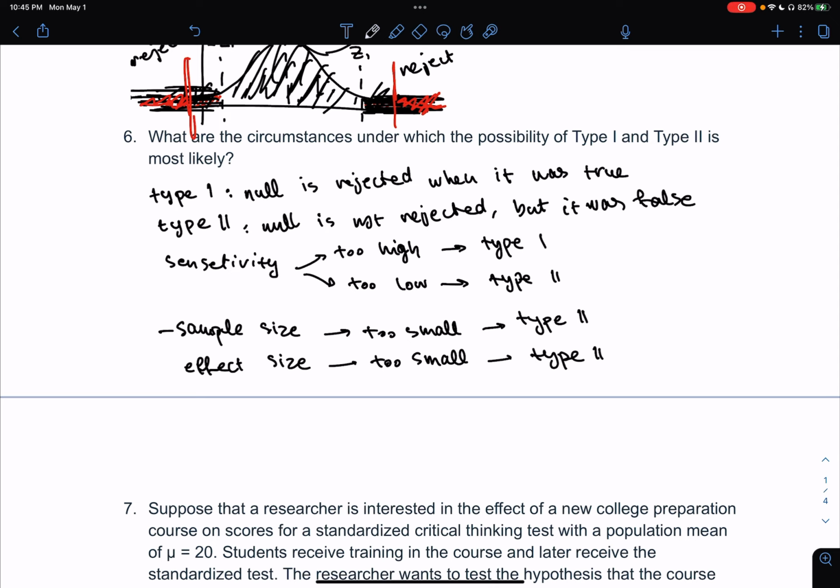This, I believe, has to do with the standard error. I don't want to get into a lot of details, but if our sample size is too small, then our sampling error will be too large. And with a larger sampling error, it will be more difficult to reject the null.